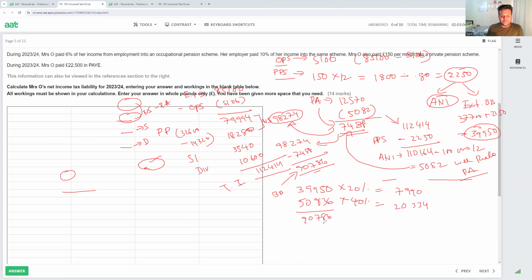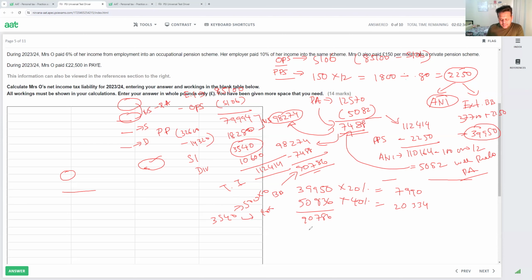Now the next one, we need to find the saving. Remember the saving, we have 3,540, and I am a high rate taxpayer because my income is more than 50,270. If I'm a high rate taxpayer, then I have a 500 saving allowance. So out of 3,540, 500 will be allowance, zero rated, and the rest will be again 40%.